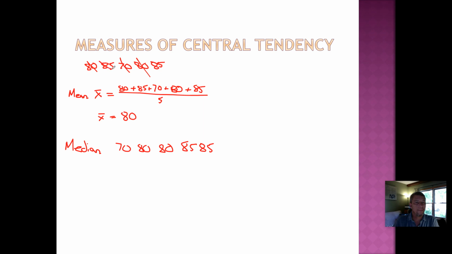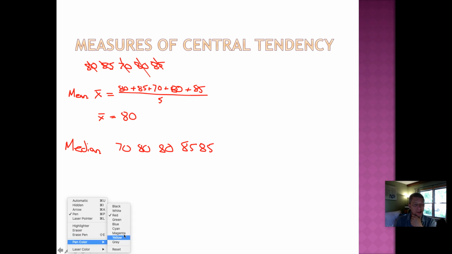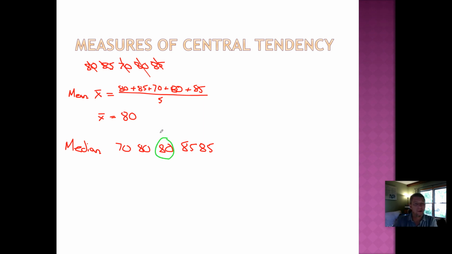Okay, so boom and boom. Now, the median is going to be the score that's simply in the middle. I have 5 scores here, and the one in the middle is 80. That is my median.